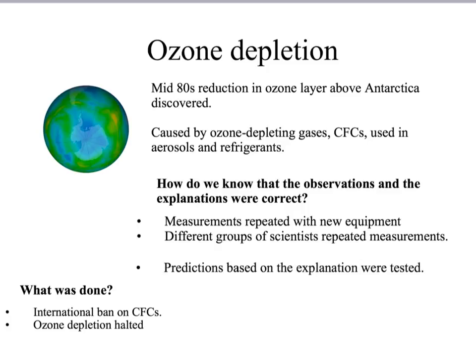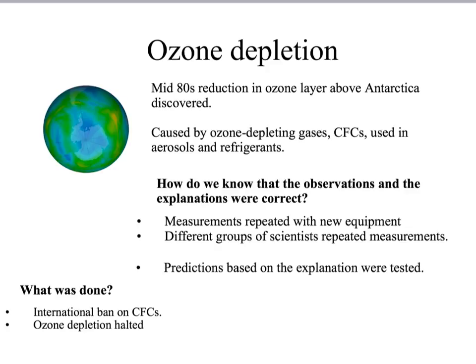Some scientists had predicted for a while that ozone depletion was occurring, but it wasn't until new experiments were carried out by different groups of scientists around the world using different experimental techniques that people actually became convinced that it was an issue. It was discovered that it was caused by CFCs, and these CFCs are used globally in aerosols and refrigerants.